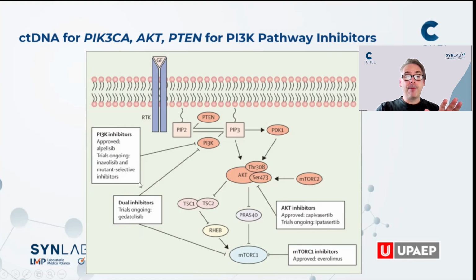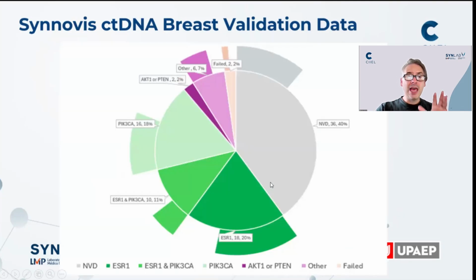We have alpelisib for PIK3CA, which has been around for a while but has just come into NICE commissioned service in the UK, and the AKT inhibitor capivasertib, which required us to look not only at PIK3CA but also PTEN and AKT alterations.